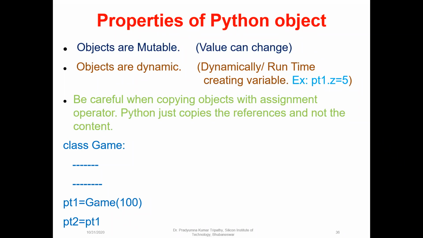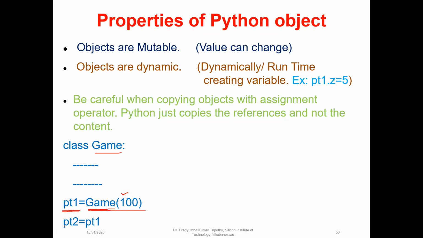So there are two different things that may occur. For example, I have a class Game. I create PT1, which is an instance of the Game class. Game is the class. So PT1 is an object of the Game class.